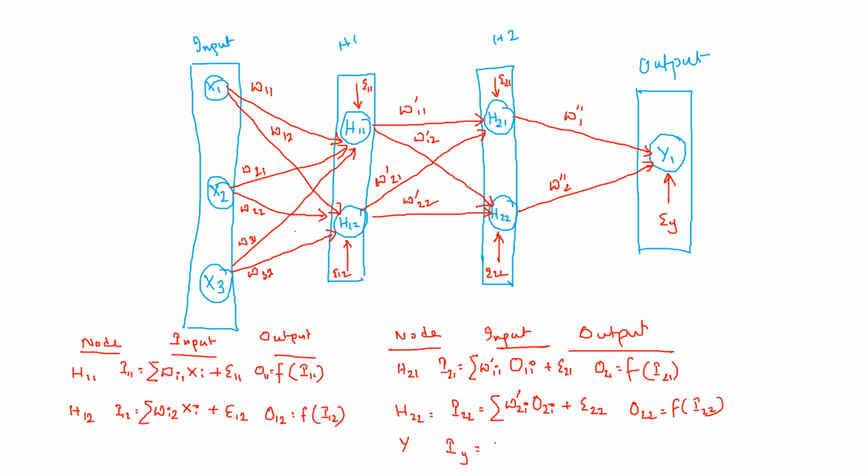The input of that final node is WI double dash O2i summation of that plus error y, and the output node is output of y is f of I, right?